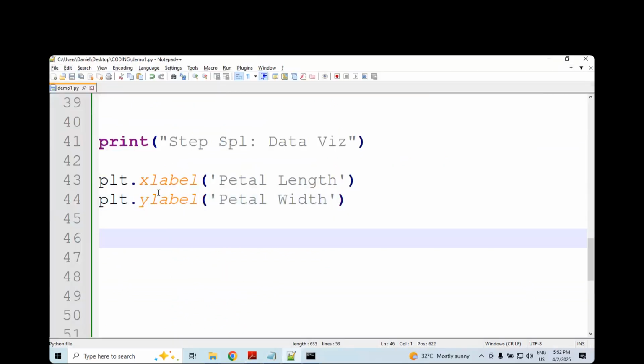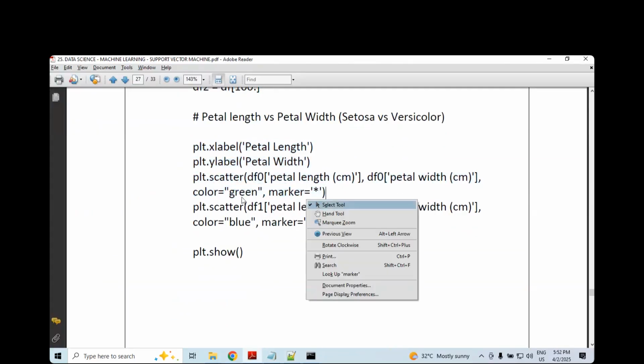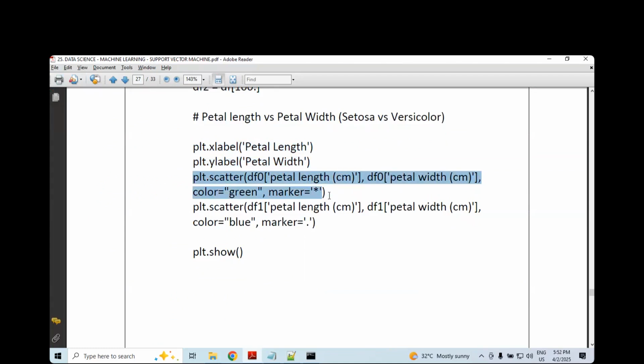X label and Y label. Next, I'm planning to create a scatter plot just to get an idea.